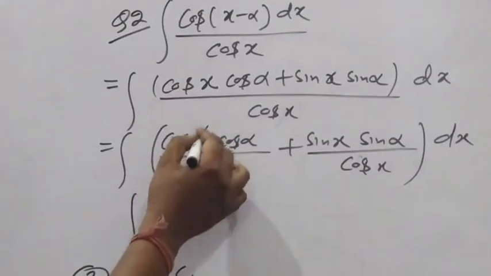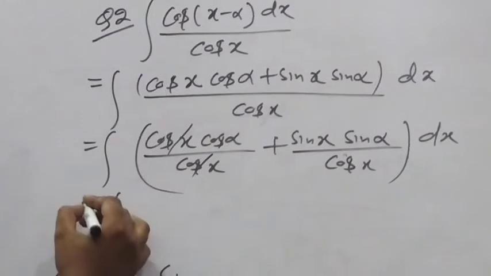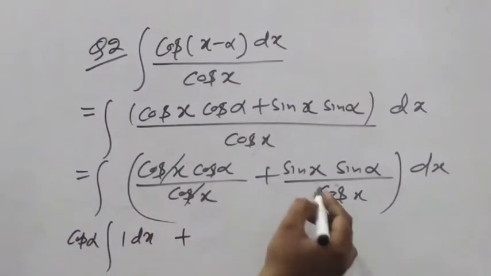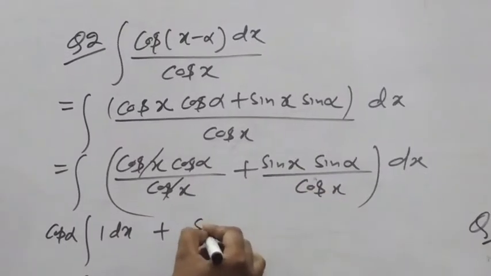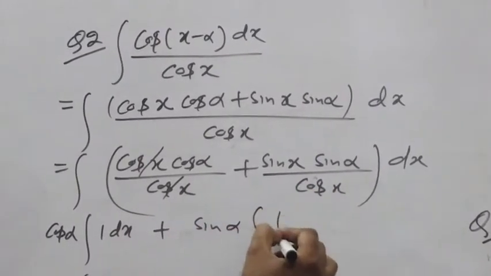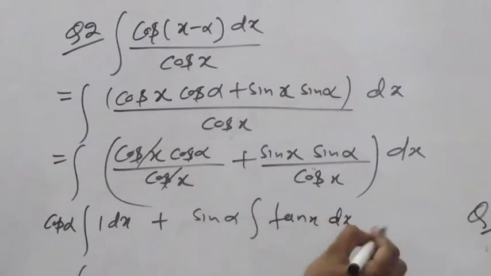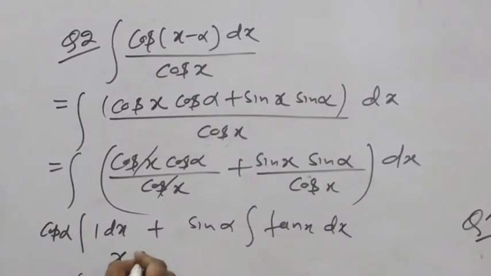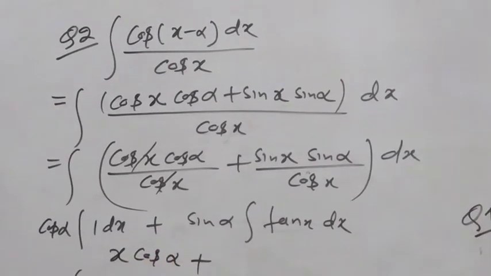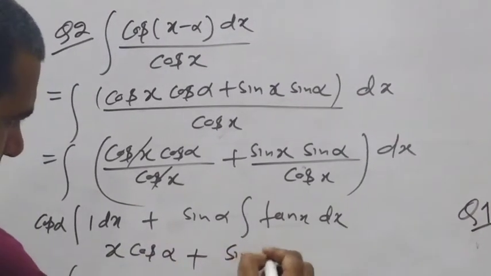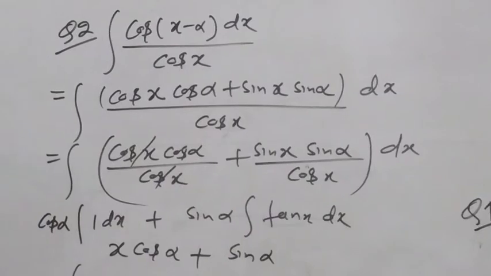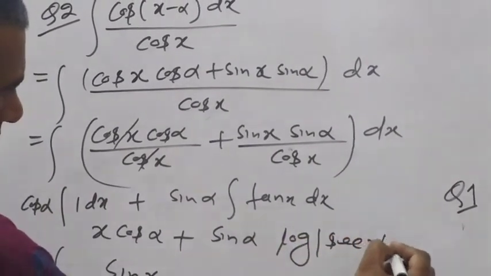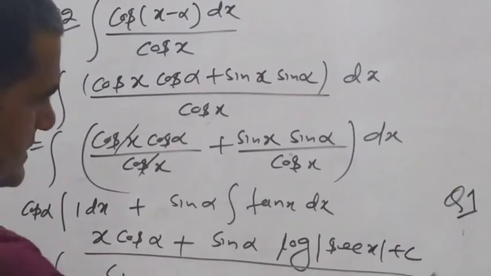Then cos cancels: cos alpha integral of 1 dx plus sin alpha integral of tan x dx. Integration of 1 is equal to what? x into cos of alpha plus sin alpha. Integration of tan x is equal to what? Log of sec x plus c. Now this is the answer.